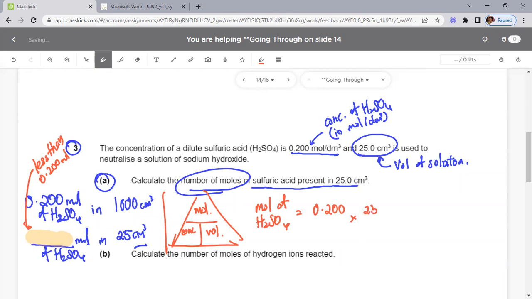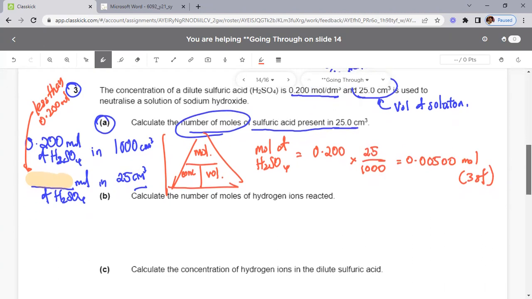Volume is 25, but this is in cm cube, so I must convert to dm cube and divide by 1000. This is going to be 0.00500 mole, 3 SF. So I found the number of moles of H2SO4.